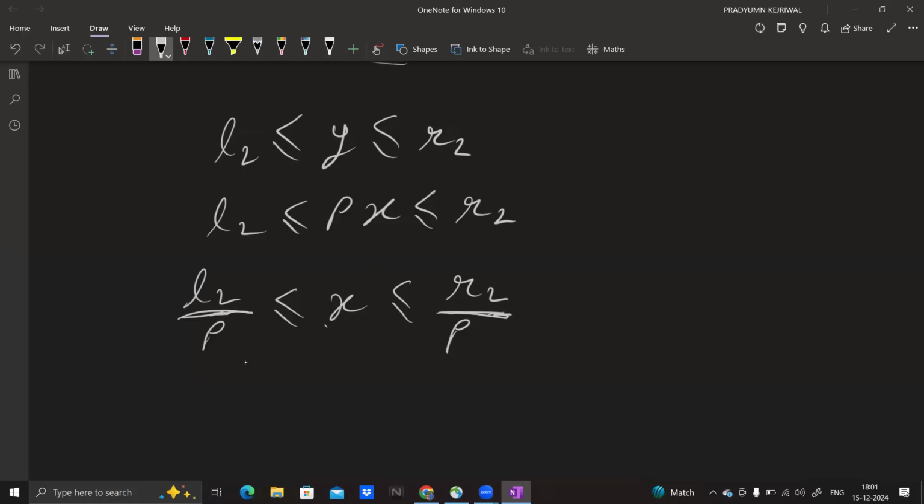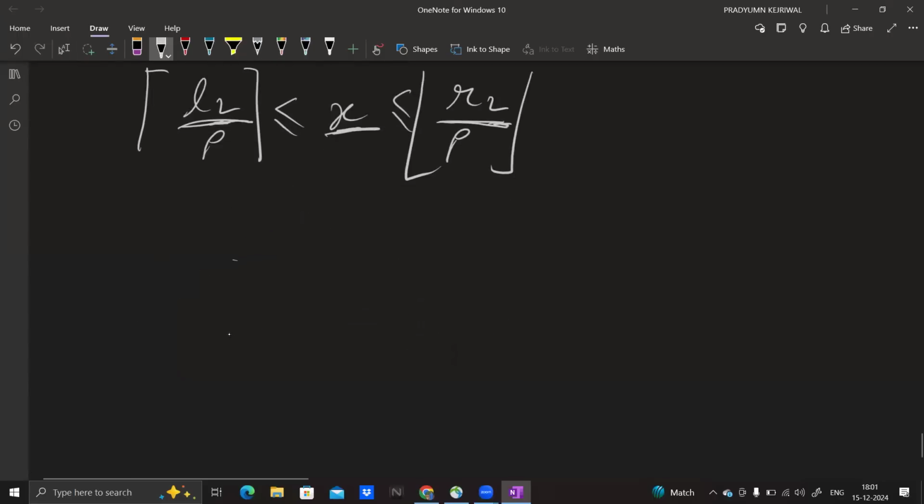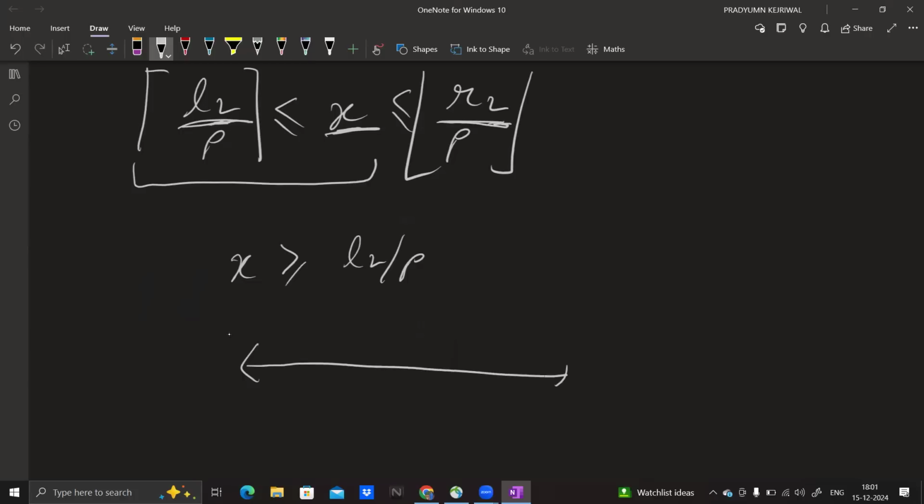But x is an integer, so actually I can make this even tighter. Because x is an integer, I can take the ceiling here and the floor there. This is a very common trick. If I want x to be greater than or equal to L2 by P, let's say this is the number line: 1, 2, 3, 4, 5, 6.